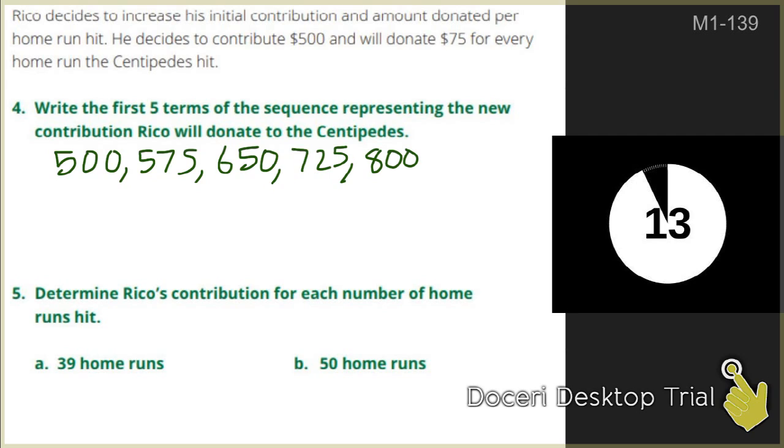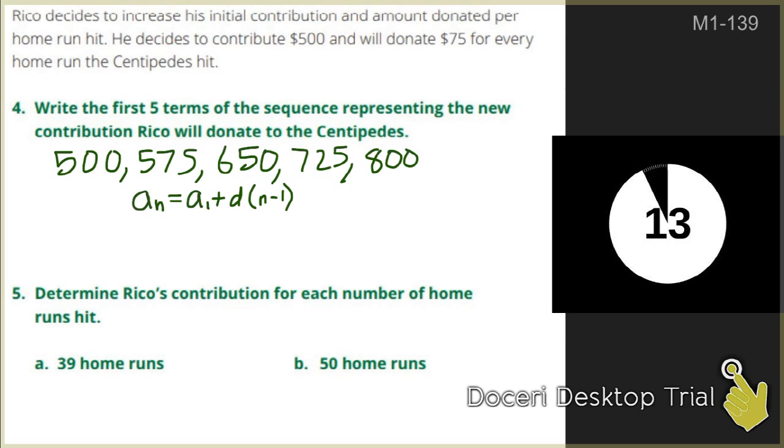There's your first 5. Now, to find the 39 home runs and the 50 home runs, it would be easiest to write an explicit formula. So the explicit formula we know is a to the n, which just means the nth term of an arithmetic sequence, should be a1, which is the first term, plus the common difference times n minus 1.